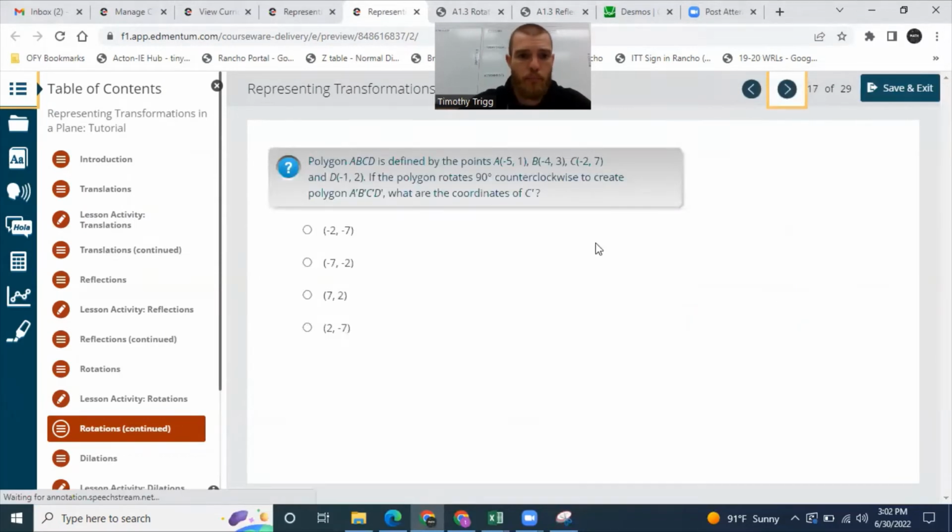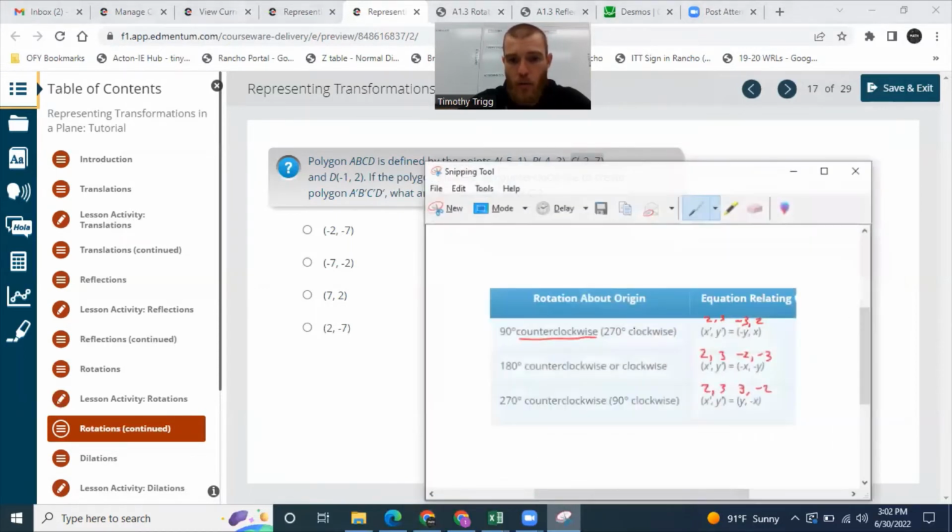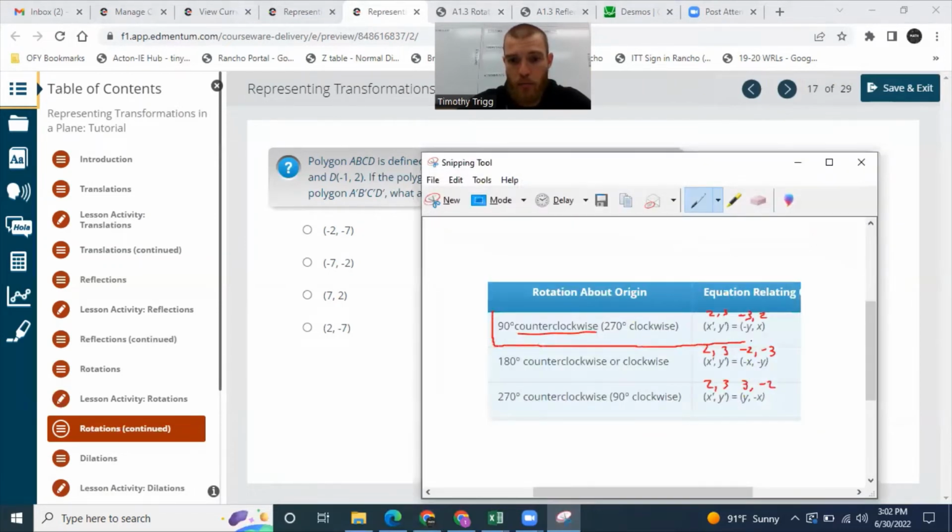Let's move on. Let's look at an example of how we use that. So polygon ABCD is defined by these points. If the polygon rotates 90 degrees counterclockwise to create polygon A prime, B prime, C prime, D prime, what are the coordinates for point C prime? I'm going to focus right here on point C, (-2, 7), and we're going to rotate it 90 degrees counterclockwise. So we're going to be using this rule right here.